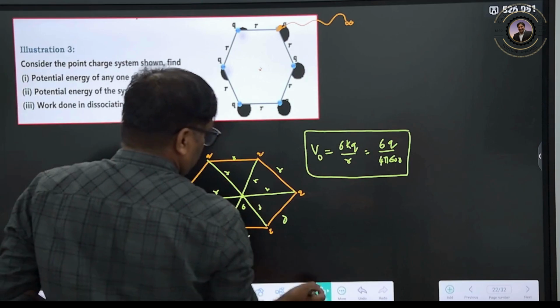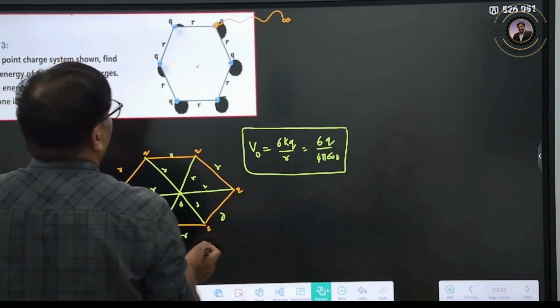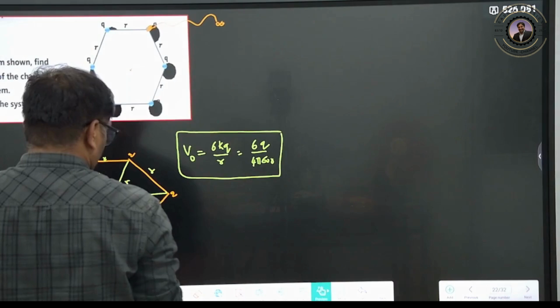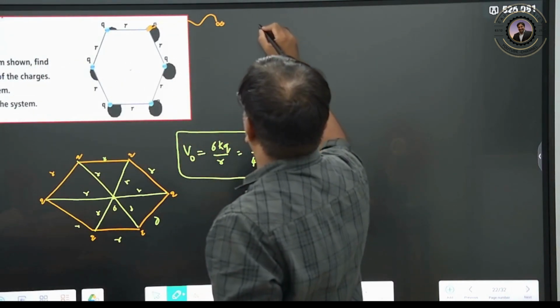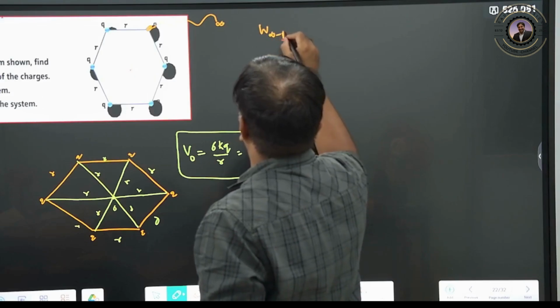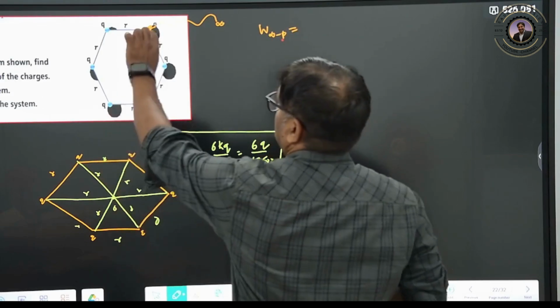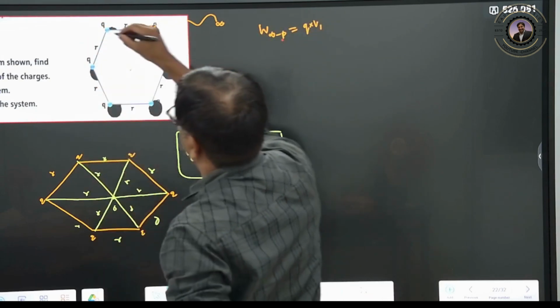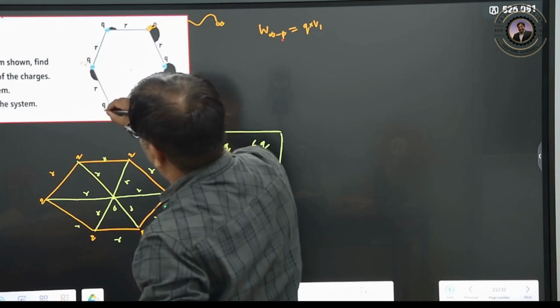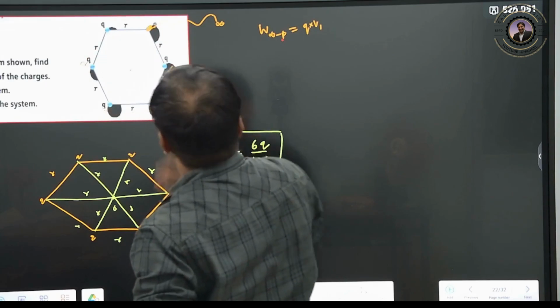Clear? Now we will see one question here: the potential on any one of the point charges. For this charge, what is the work done from infinity to this point? This charge is creating a potential q into V1, this is 1, 2, 3, 4, 5.